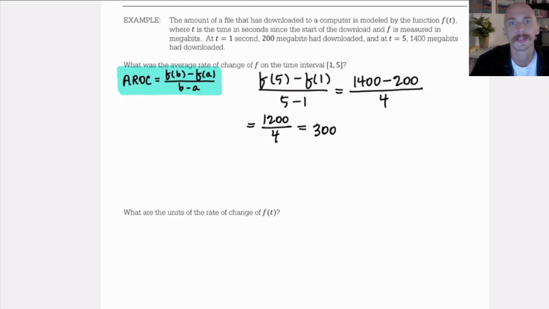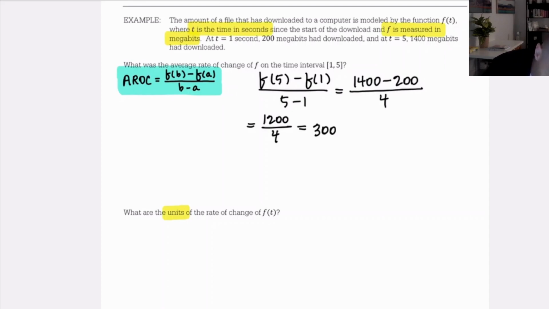Now, if they ask about the units of the rate of change, we need to go back and look at the units of f and the units of t. They're going to tell us that in the statement of the question, for sure. So f is measured in megabits, and t is measured in seconds.